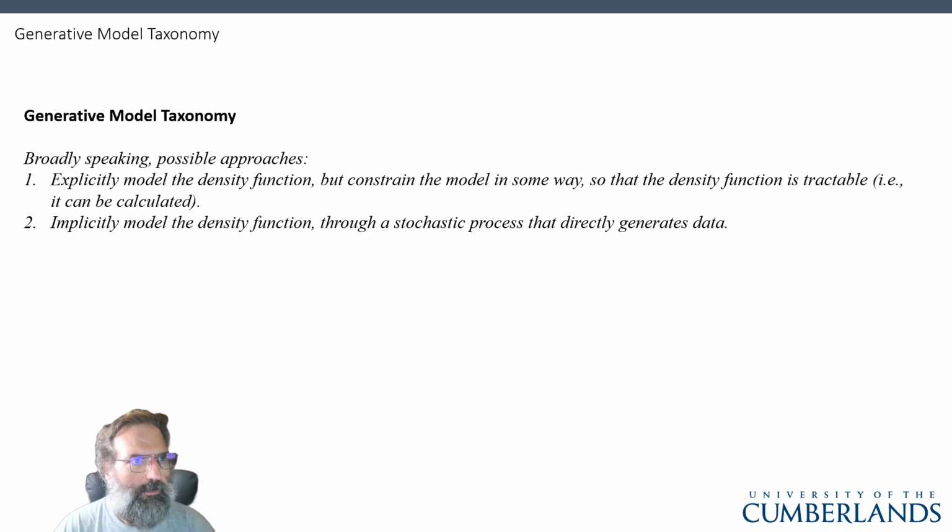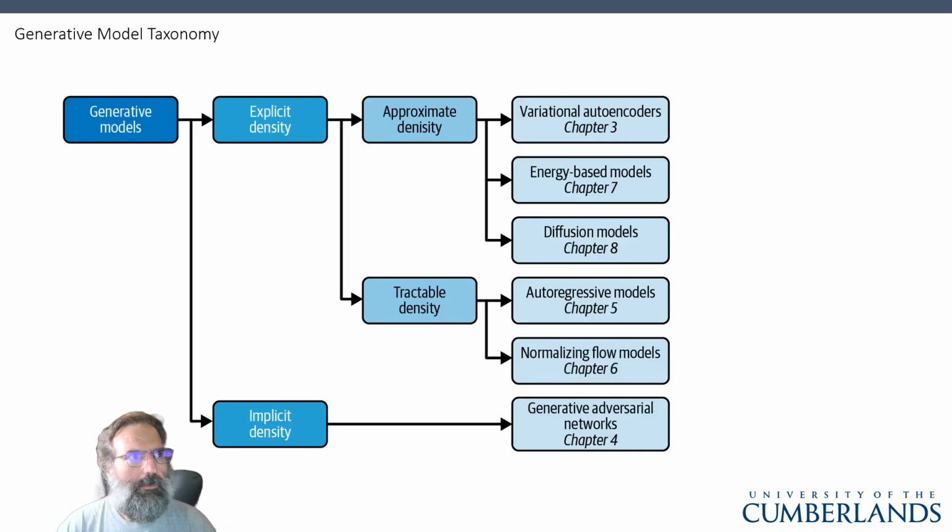Another approach is to implicitly model the density function through a stochastic random process that directly generates the data. Throughout the term, we'll be going through the general landscape and where these chapters fit together. Chapters 3, 7, and 8 fall into the approximate density approach, while 5 and 6 talk more about tractable density. And implicit density is when we get into things like generative adversarial networks, which are some pretty cool things.